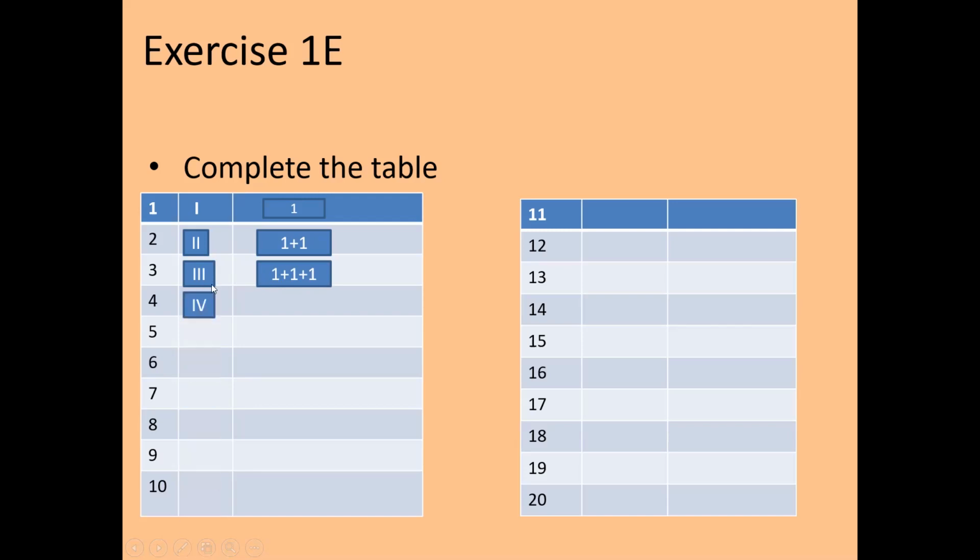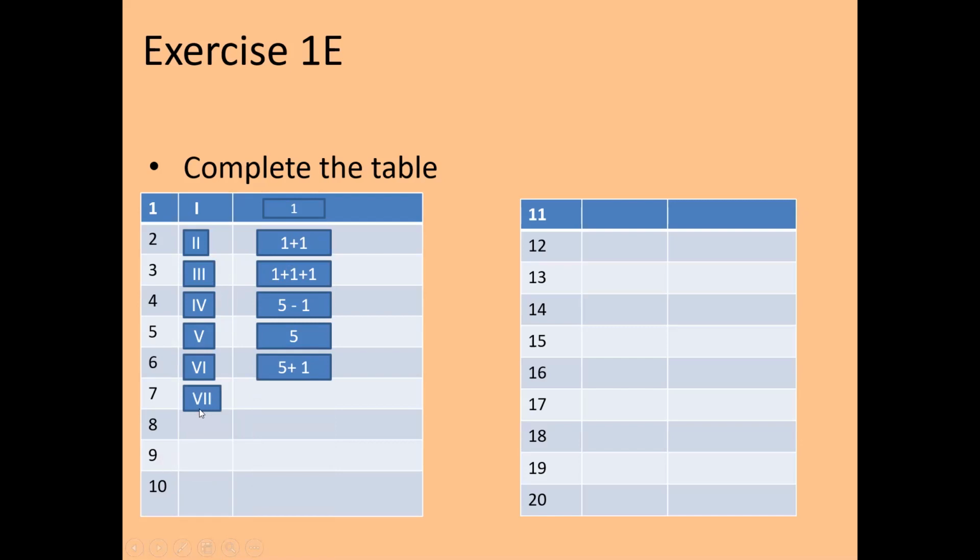Now 4, this is 5 minus 1, and we write 5 as only V. 6 is 5 plus 1. VI means 6, 5 plus 1.